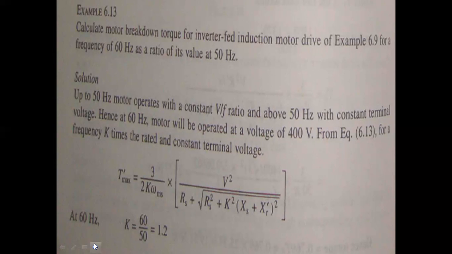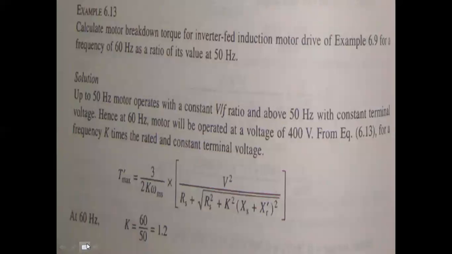So we have to calculate the breakdown torque, at what torque the motor will break down. Up to now we have calculated the values. In the previous problem 6.9, we had calculated all the values for a frequency of 50 Hz. Now we have to calculate it for the frequency of 60 Hz, that's all, and the remaining are the same.